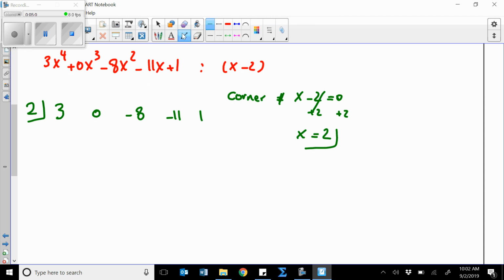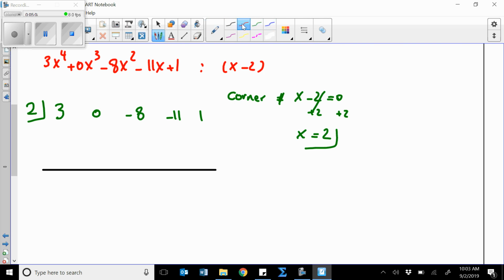So now we can start our division. The first thing that we need to do is to bring the first coefficient down. So I'm going to bring this 3 down here. Then we have to multiply this 3 by 2. 3 by 2 is 6.